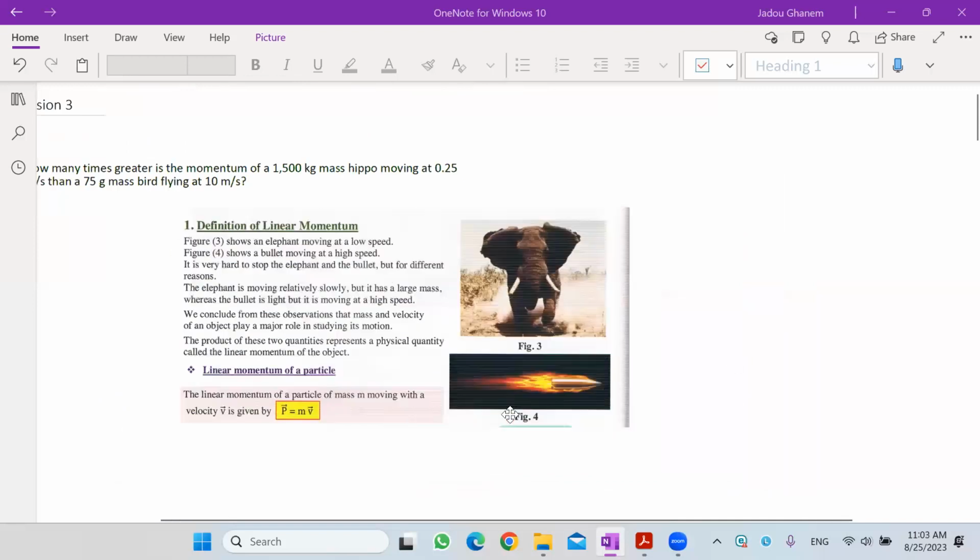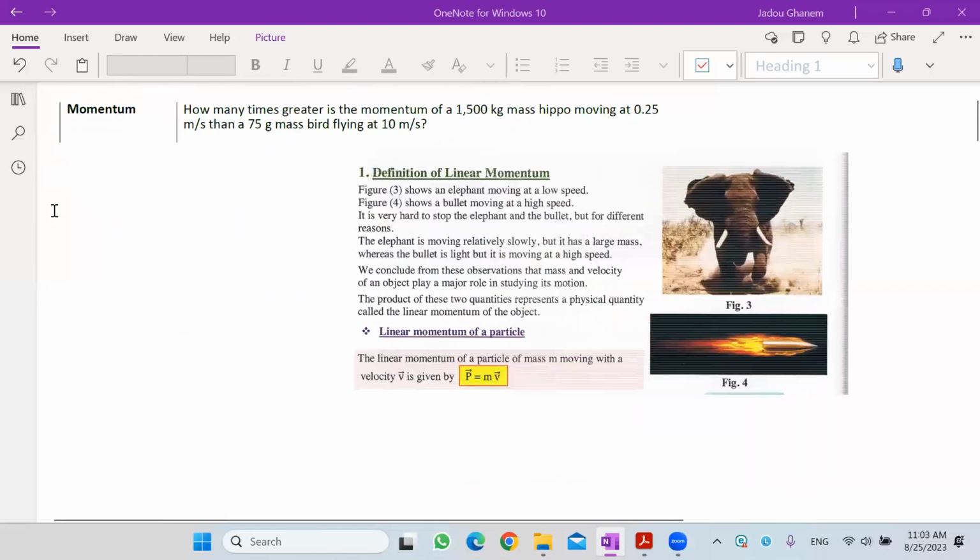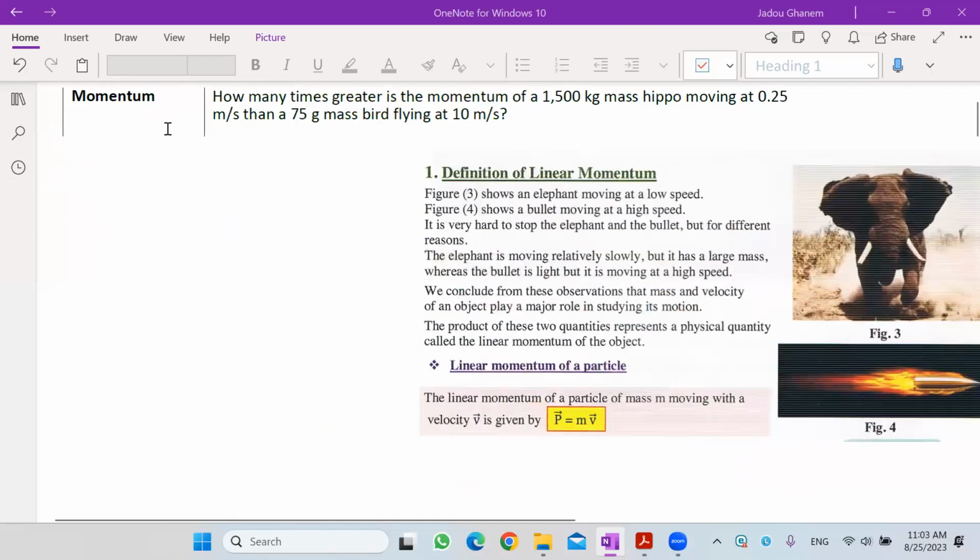All right? Let's take the first question from your PDF file. How many times greater is the momentum of a 1500 kilogram hippo moving at 0.25 meters per second than a 75 gram bird flying at 10 meters per second? First of all, it's very important to summarize the data.